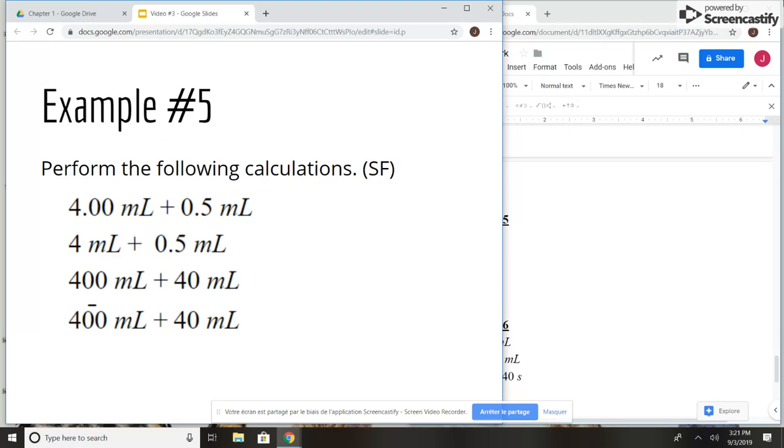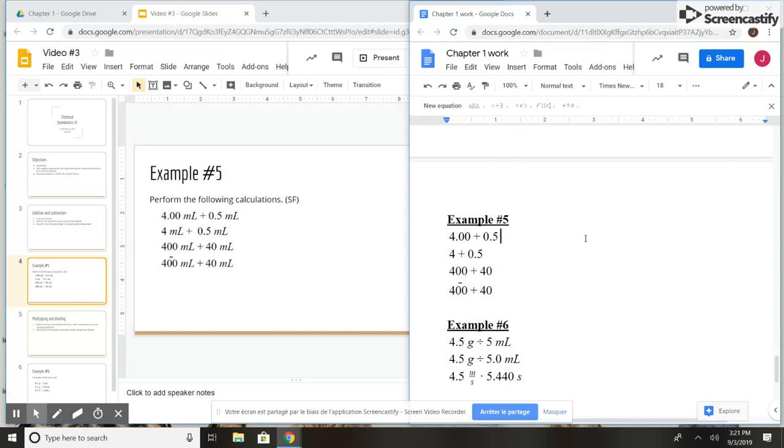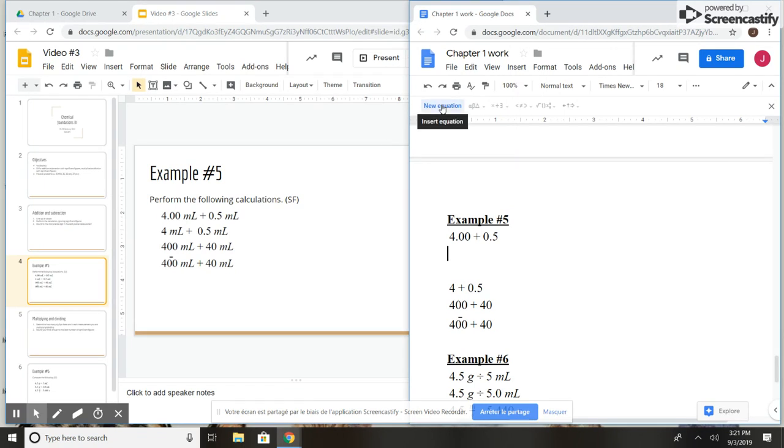Let's work through this together. To start with, we're going to line up the values. So I've got 4.00 plus 0.5. You don't always have to write this out. For the 4.00, the most precise digit is the hundredths place, and I spelled that wrong.